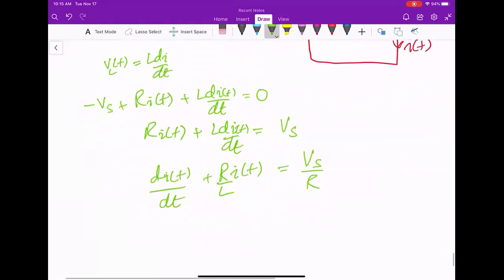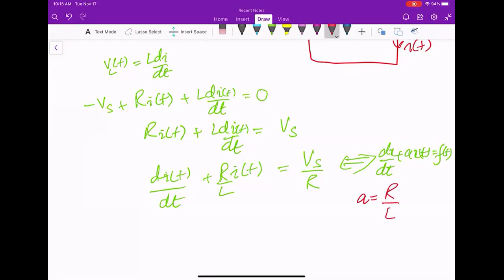So in this form, if you compare it with the standard form, what is your A here? R over L. R by L, right? Which means that your 1 by tau is R by L, right?